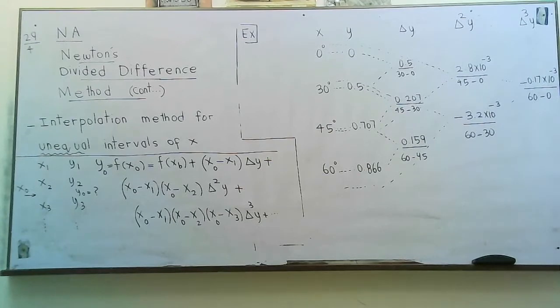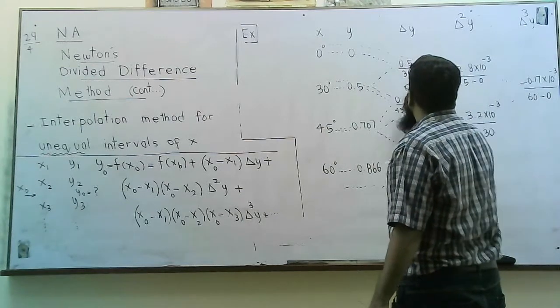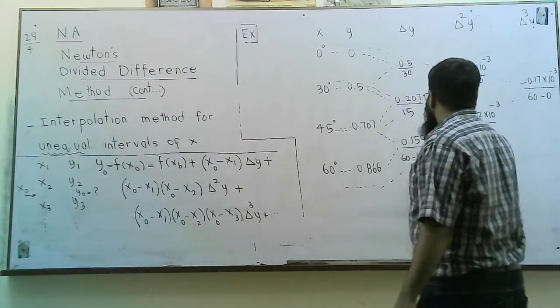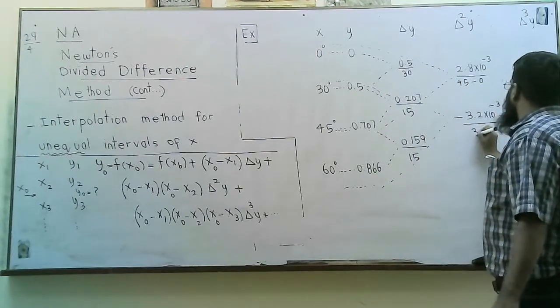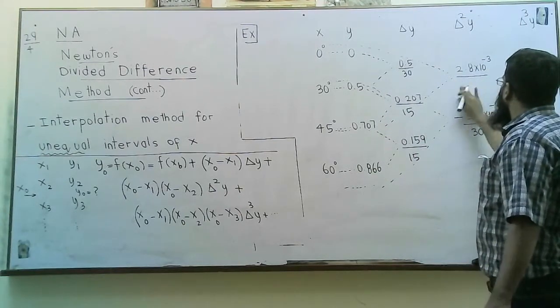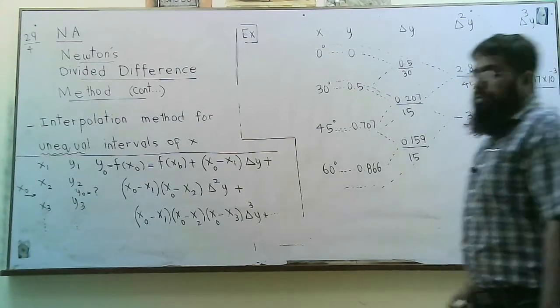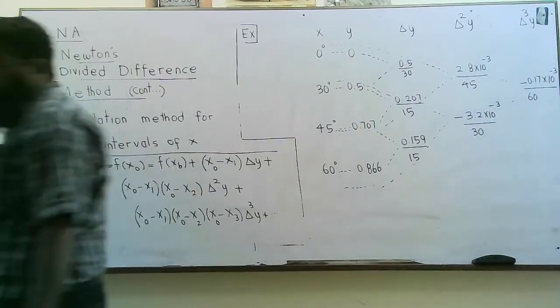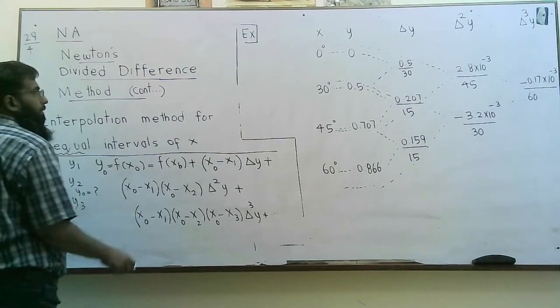So it's divided difference. Now we have all the values available: 30, this is 15, this is 15, this is 30, 45 and 60. Now we can plug these values in here.